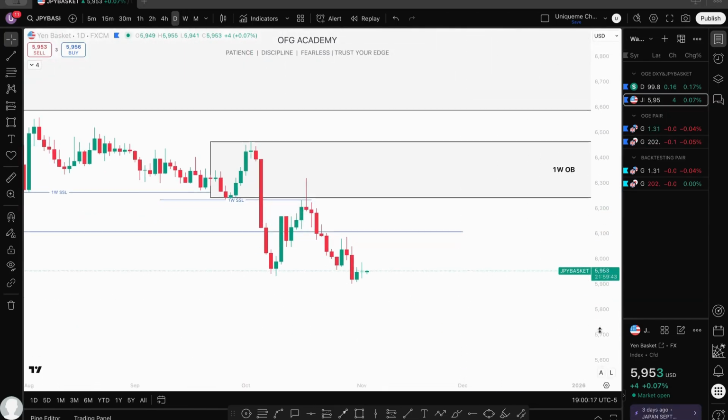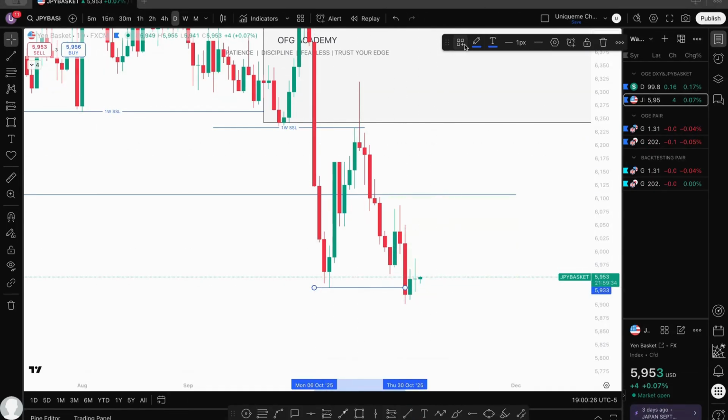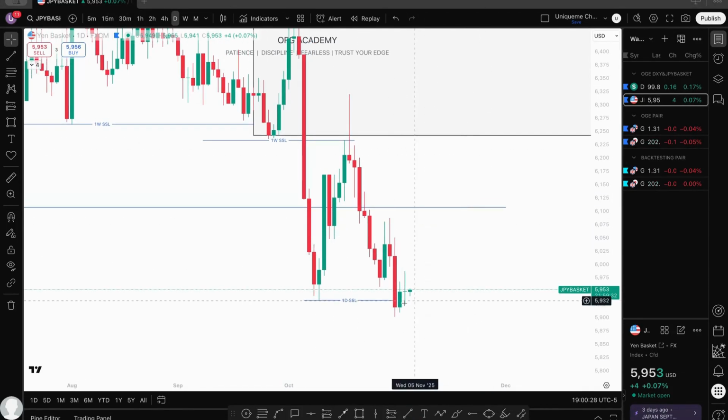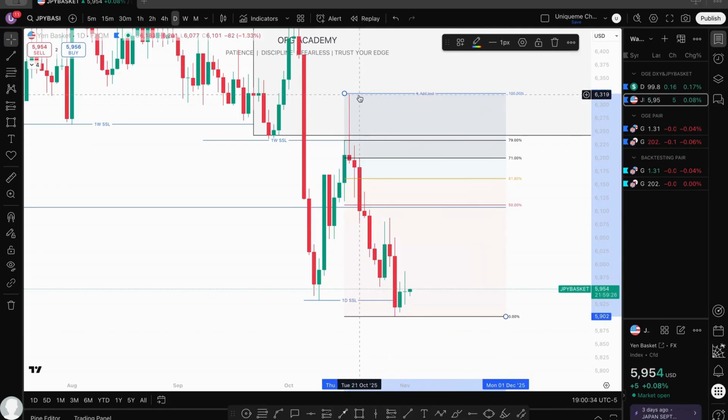And on daily time frame, if I look in very, very well, this was the last lowest low here, and price did what? A break of structure here, right? And what do I have here? From this high to this low, that's JPY pair. Some people might take this 1, 2, 3. Some people might take this as a break of structure, but I won't take it as a break of structure.